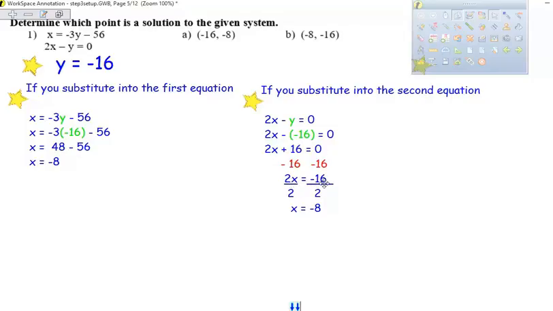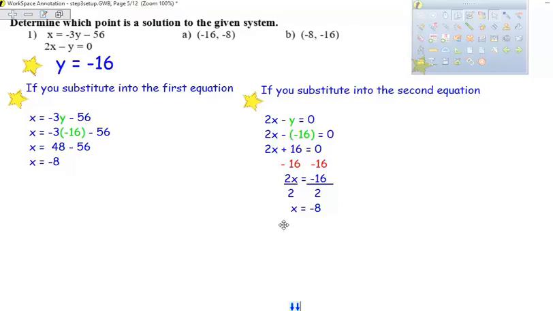And 0 minus 16 gives us negative 16. Then I need to undo the multiplication between the 2 and the x by dividing by 2 in order to get x by itself. And 2 divided by 2 gives me 1x, and then negative 16 divided by 2 gives me the negative 8. So either equation that you use is going to give you the same x value out.